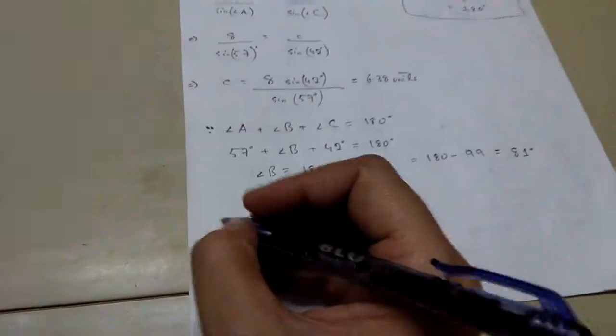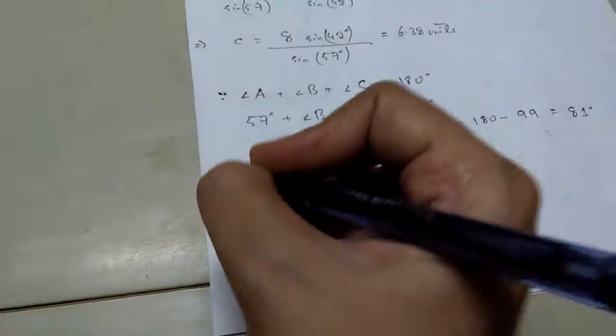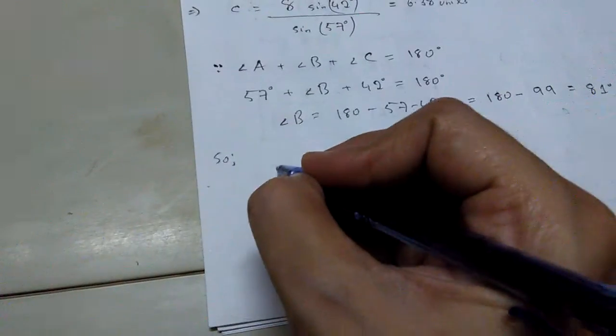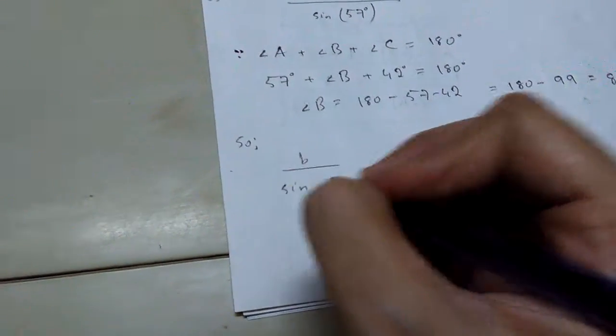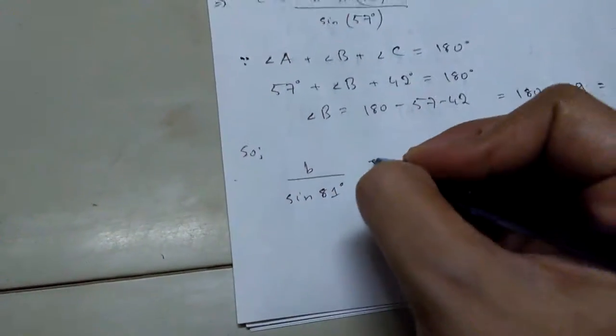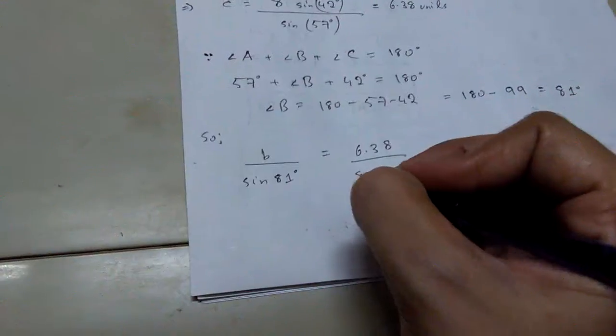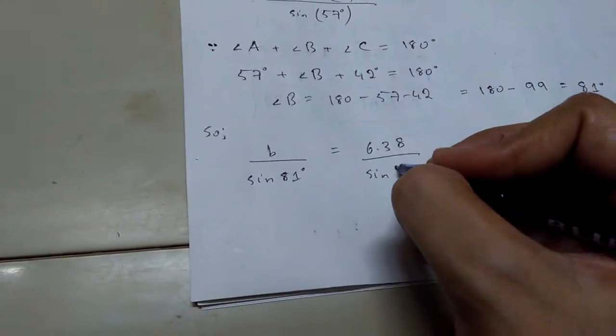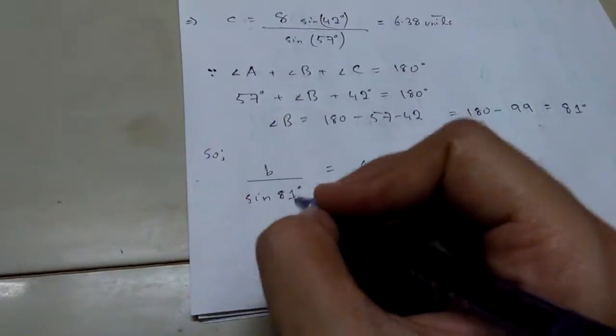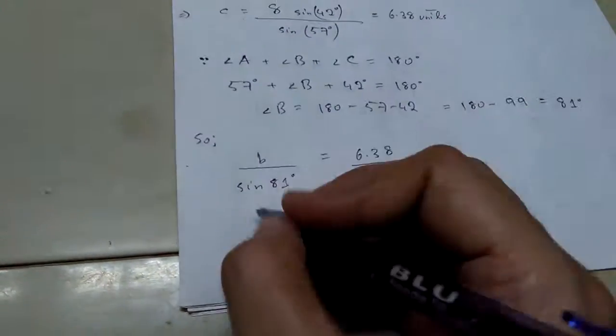So b upon sine of angle B, which is 81 degrees, is equal to c, which is 6.38 units, upon sine of angle C, which is 42. I'm going to shift this over here and do a simple multiplication.